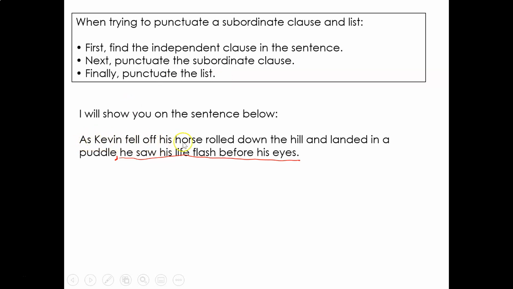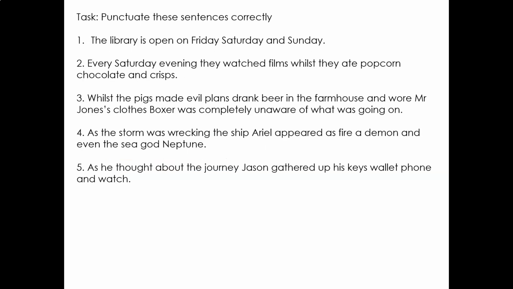So as Kevin fell off his horse, okay, I need a comma here to separate the items in the list. Rolled down the hill and landed in a puddle. He saw his life flash before his eyes. So I put 2 commas into the sentence to correct the list and the subordinate clause, and now my sentence is correct.